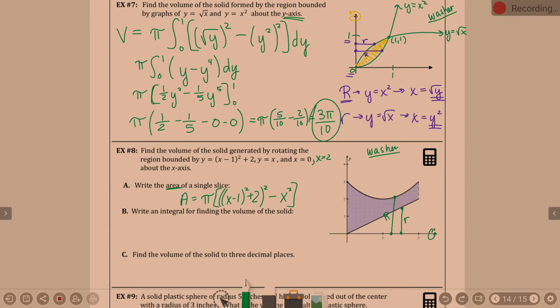And keep in mind, I'm working in terms of x's because it's about the x-axis, right? And then I would say the area is just that right there. I know when I checked the answer key, they went ahead and put the dx on here, but to me, that's part of the volume.